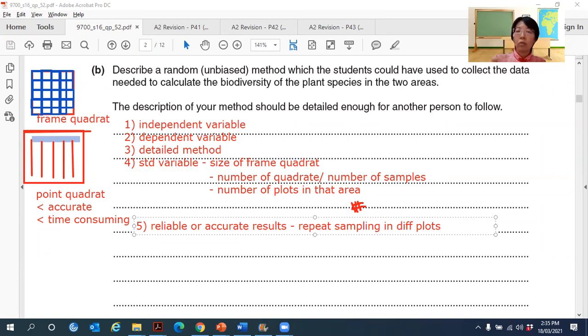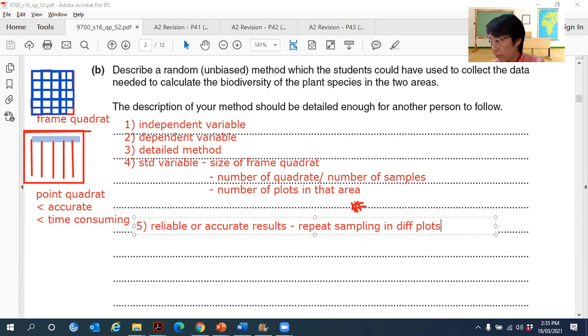So you have divided the area into different plots. You have to repeat your sampling in different plots. So in plot 1, you take 10 quadrats to sample. Then in the next plot, you also sample 10 quadrats. So repeat sampling in different plots.